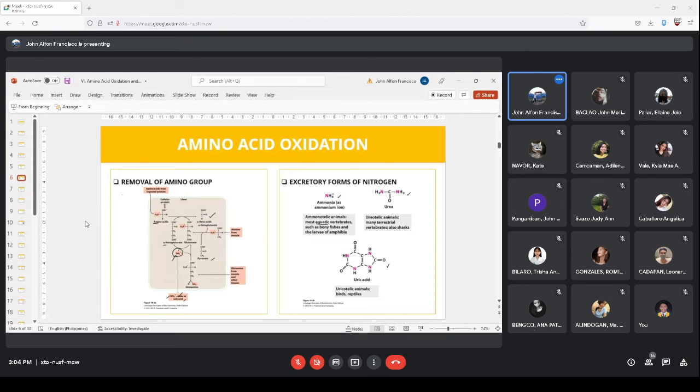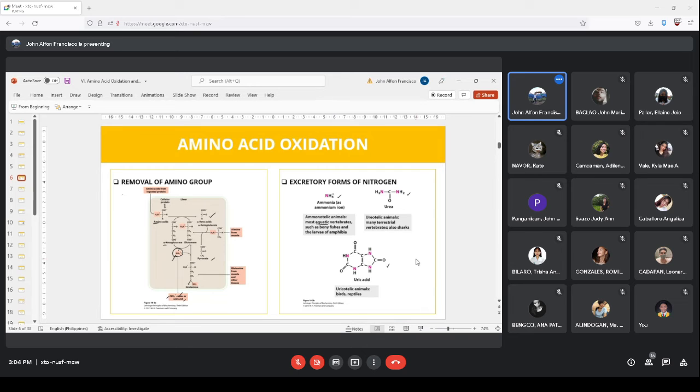So as you can see here, uric acid is just a cyclic form of four moles of urea. So yun lang siya. And this uric acid is insoluble.